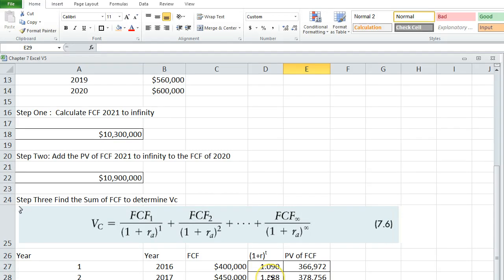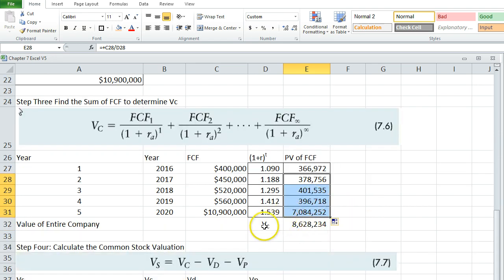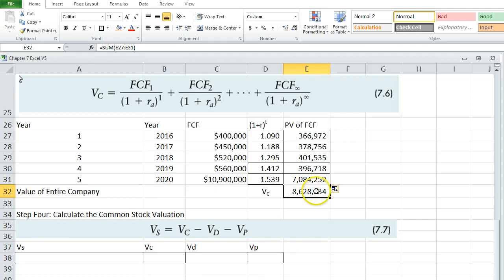But I don't have to do these individually. I can just scroll up a little bit and move these down. Okay, so that gives me, for the entire problem, what we call the value of the entire company, V sub C, which is 8,628,000. And this number might be off by 2,000 from the textbook.